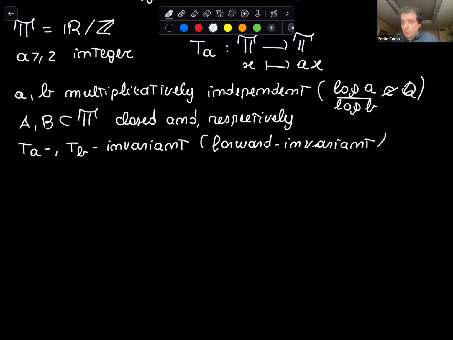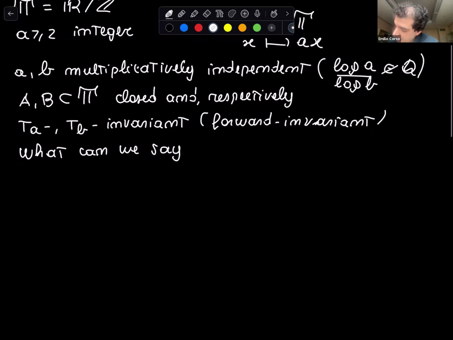So the first question one might ask about A and B to check whether they can have some common structure is, well, can they be equal? So what can we say about the case A equals B? And that's, of course, the first pioneering result of Furstenberg himself. What can we say if A and B are the same?